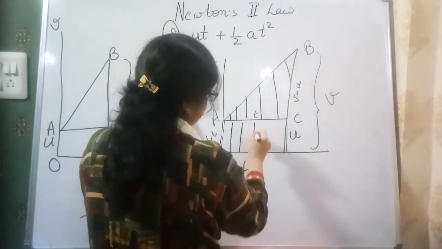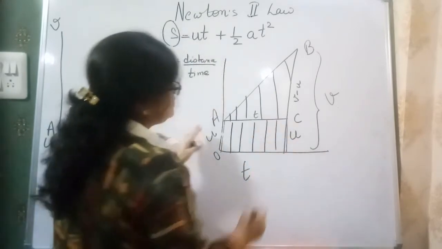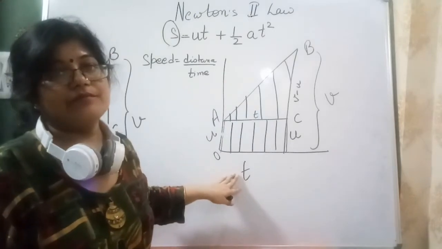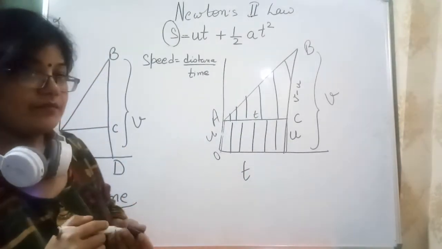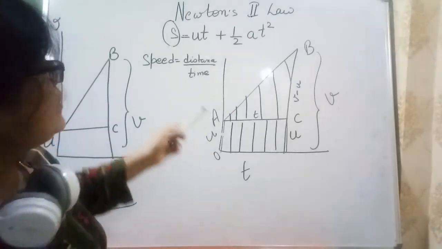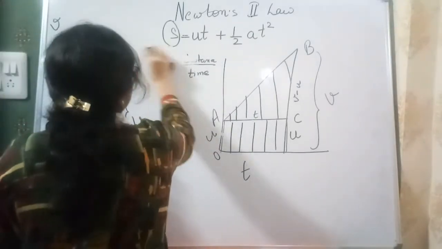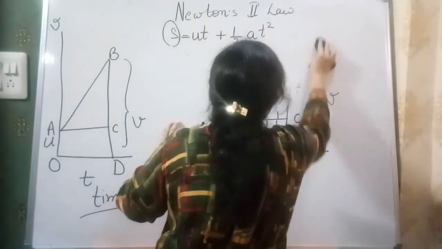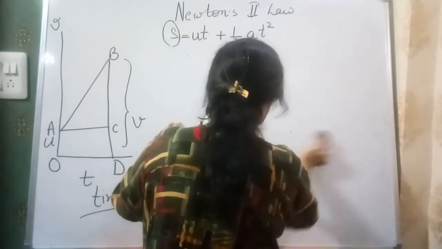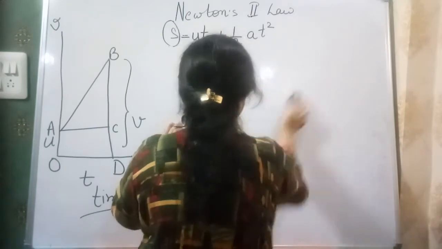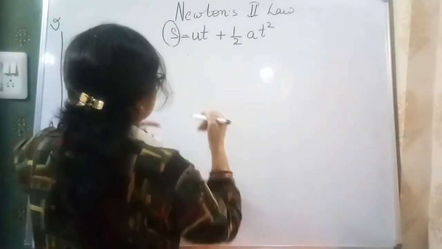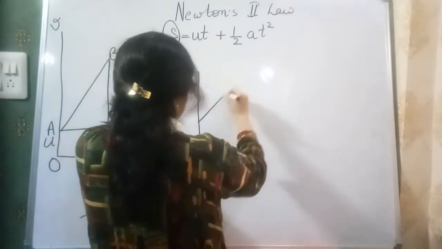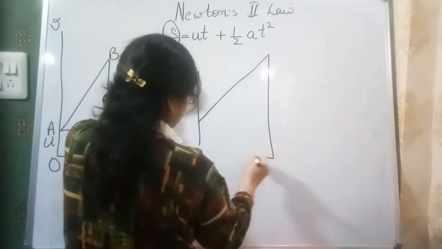Okay, clear? This is the whole distance covered by the body in time t. Now clear? That means in order to find the distance covered, we have to find the area of the picture. Just see over here, the image is like this, this, this and this.